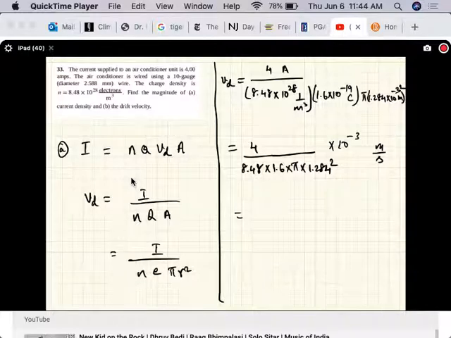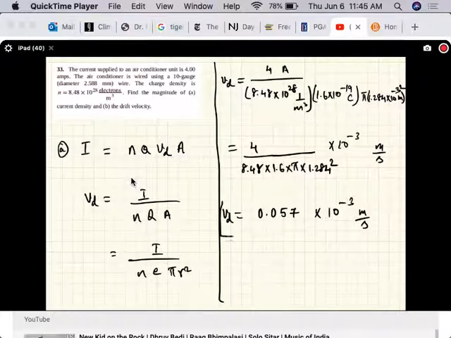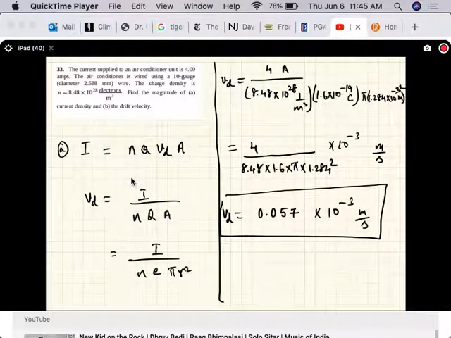Okay, so 4 divided by that. So the drift velocity is about 5/100ths of a millimeter per second in this case.